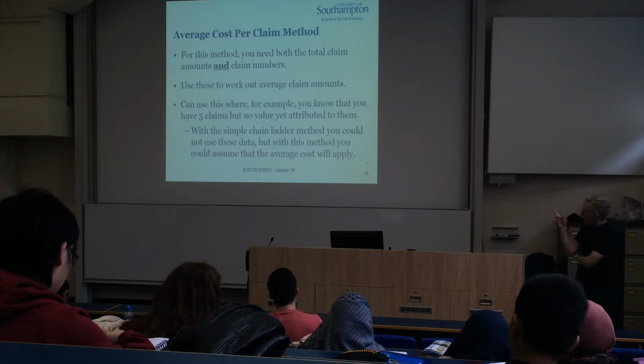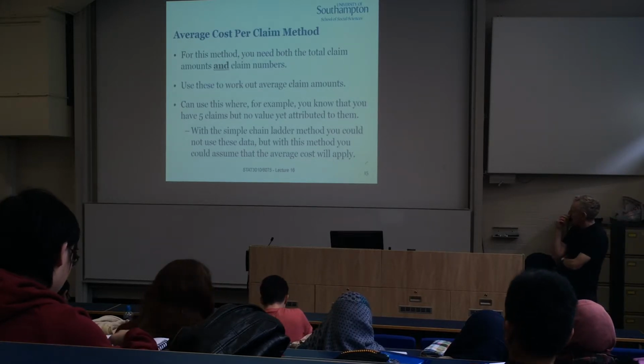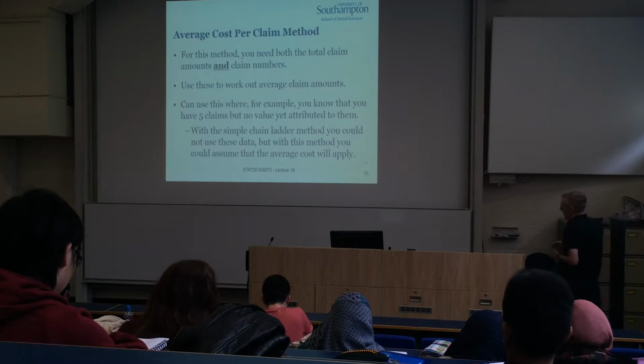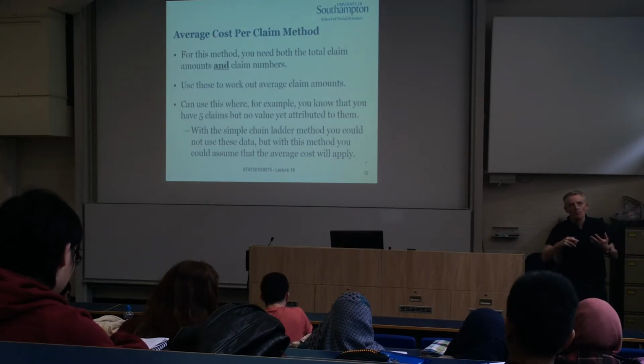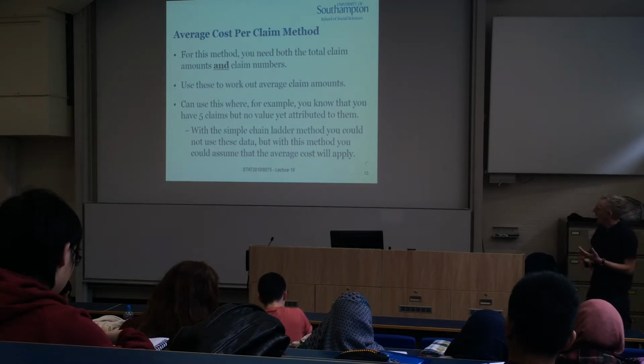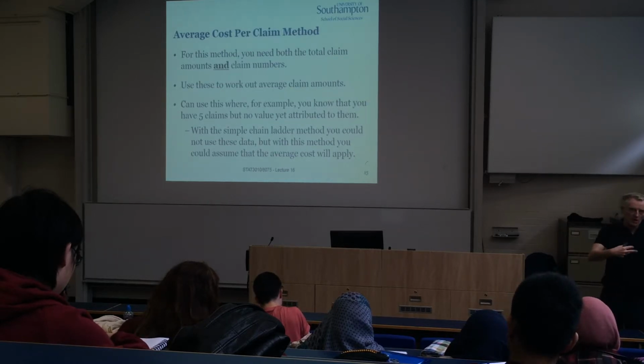One little idea here is of course, this can be used if you know that you have some claims, all right, but you don't yet know what the claim amounts for those claims are going to be.